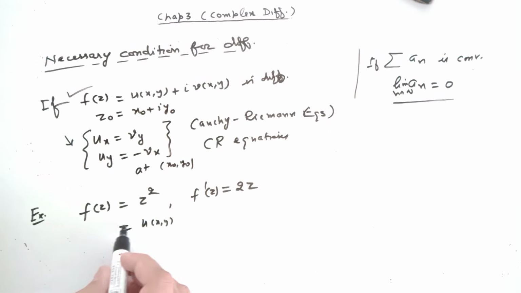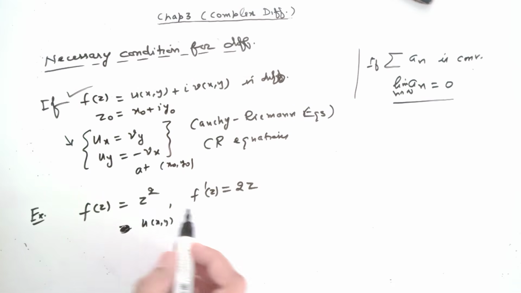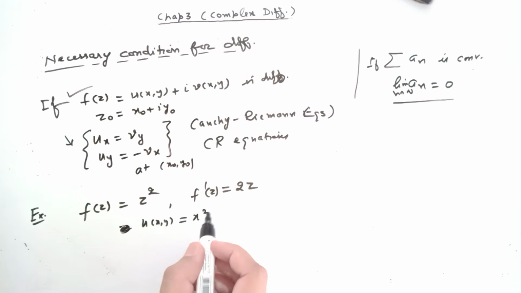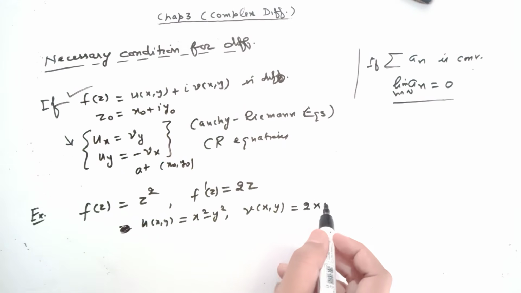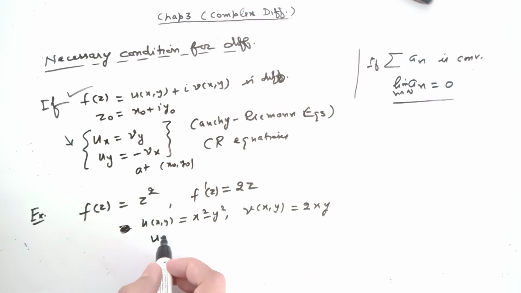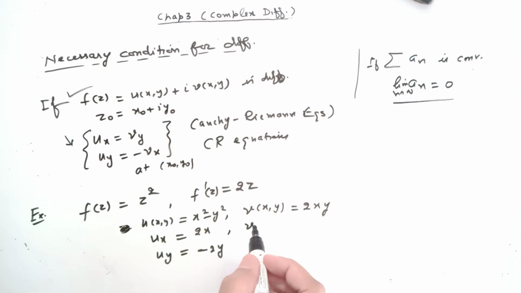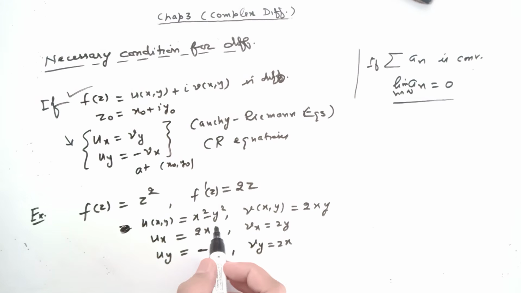If you open x plus iota y whole square, you get u(x,y) equal to x square minus y square, and v(x,y) equal to 2xy. Correct? Now find ux and uy. ux is 2x and uy is minus 2y. This side vx is 2y and vy is 2x. So you can see that ux equal to vy for all x and uy equal to minus vx. So you see CR equations are satisfied as expected because this function is differentiable.